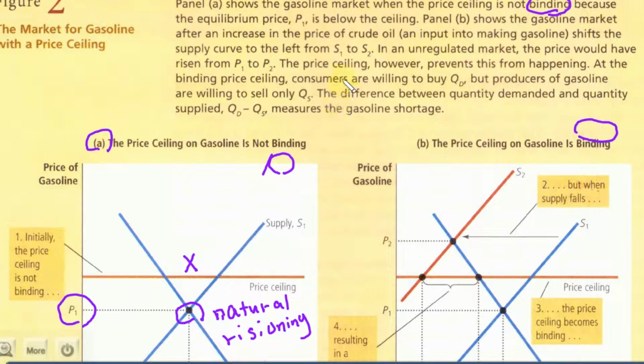At the binding price ceiling, consumers are willing to buy more, but producers of gasoline are willing to supply only Q2. The difference between the quantity demanded and quantity supplied is the shortage. This measures the gasoline shortage.